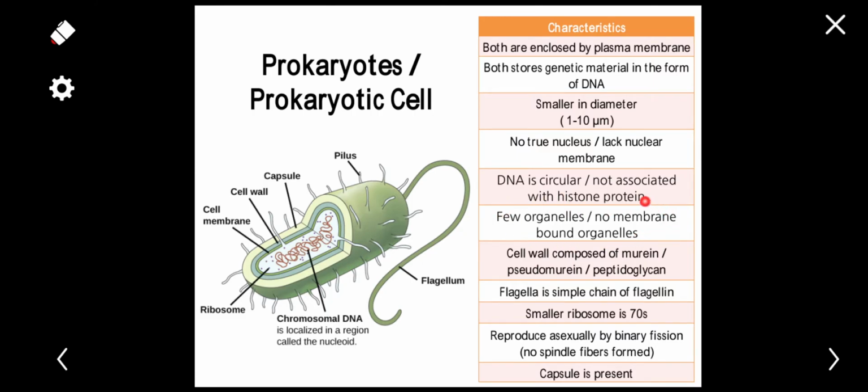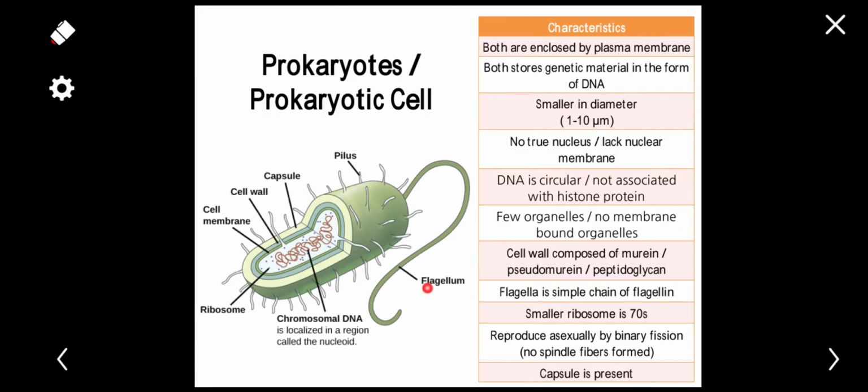Few organelles or no membrane-bound organelles such as mitochondria, such as chloroplast. And then the cell wall is not made up of cellulose. Instead, it's replaced with peptidoglycan. Peptidoglycan is a component consisting of a few carbohydrates and a few other things. And then it also has flagella. This is the flagella. If it's one, we call it flagellum.